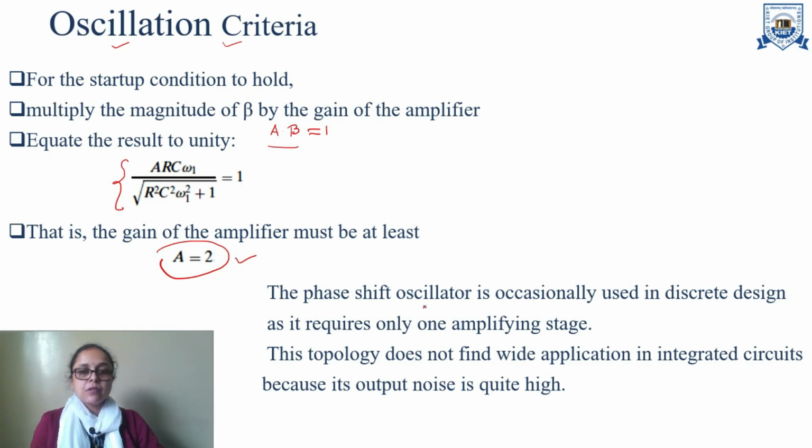The phase shift oscillators are occasionally used in discrete design as they require only one amplifying stage, and this topology does not find wide application in integrated circuits because of its output noise. This type of oscillator has limited application because of high noise.